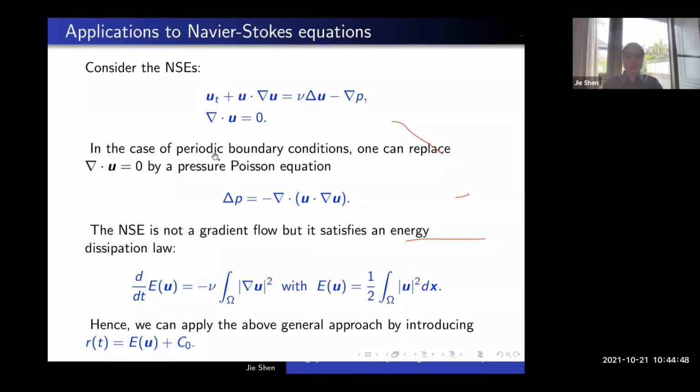You cannot do this with a non-slip boundary condition, because then we don't have a pressure boundary condition. We know that the Navier-Stokes equation is energy dissipative, with the energy given by this.